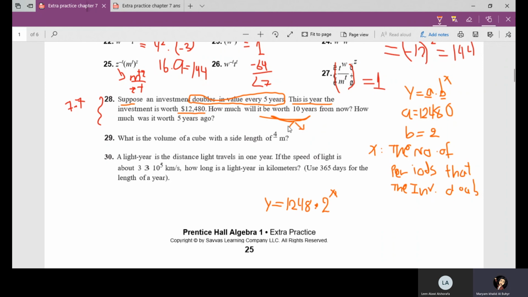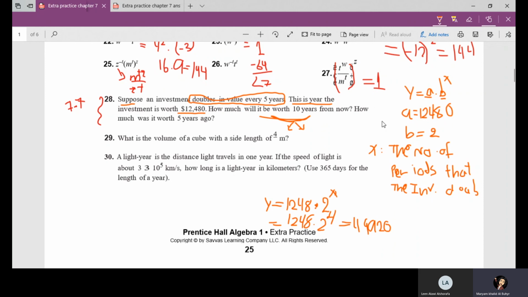For this reason, I'm going to substitute 2 here. So 12,480 times 2 to the power 2, which will be equal to 49,920. So that's for this part.